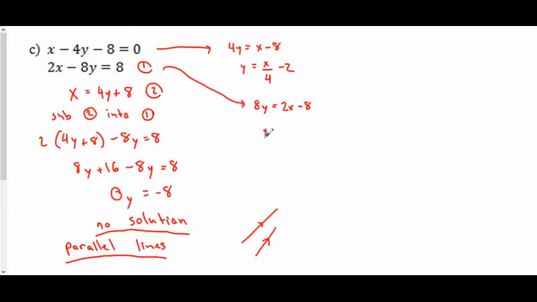Divide everything by 8. Then I have y equals also x over 4 minus 1. Right, so they have the same slope, which means the lines are parallel. They have different y-intercepts, which means they are not the same line, but they're parallel lines, and parallel lines never cross, so that's why there is no solution here.